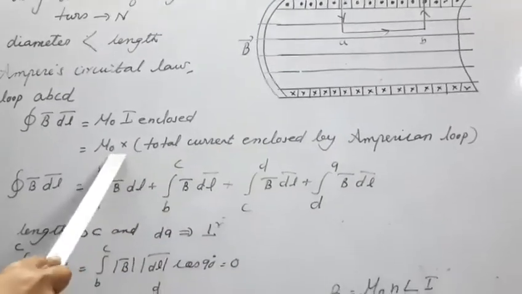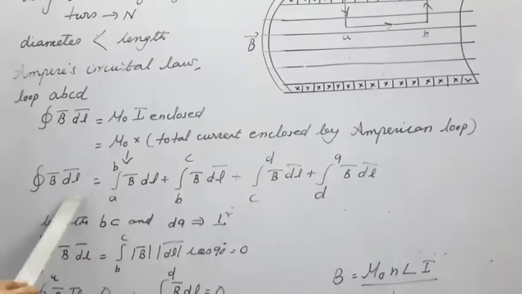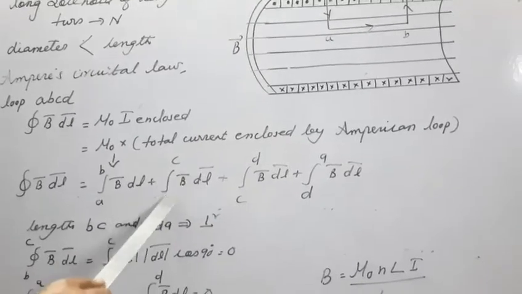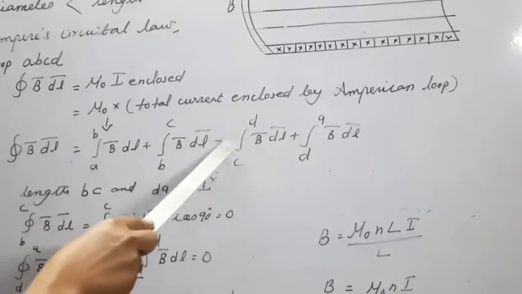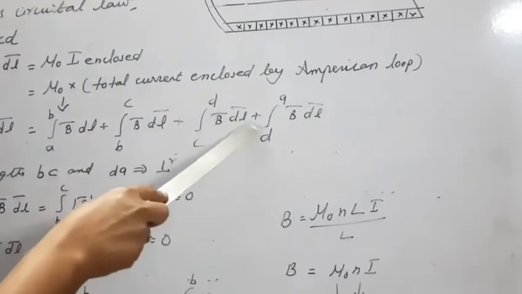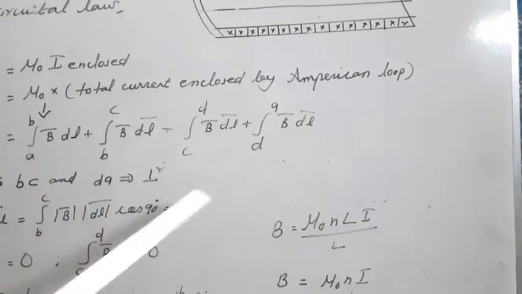Therefore, the left hand side can be written as the closed integral of B·dl equals the integral from A to B of B·dl plus the integral from B to C of B·dl plus the integral from C to D of B·dl plus the integral from D to A of B·dl.